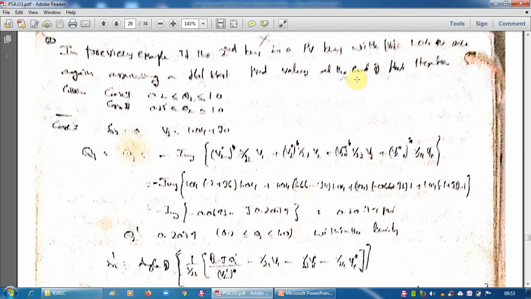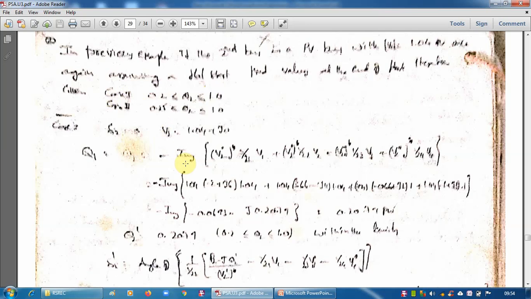And also at that second bus, generator bus, limits for reactive power are given. Two cases are given. We first consider this case. That is, limits are like this. You see, Q2 minimum limit is 0.2, maximum limit is 1. After this, we will go for the next case. Same previous problem.